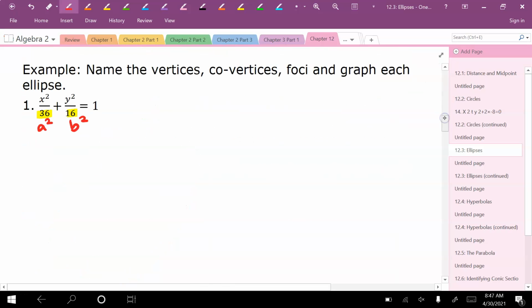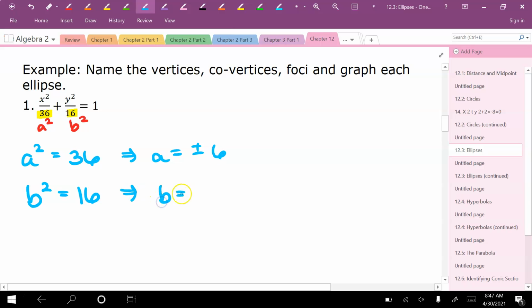So what I'm going to do first is find my a and my b, because I have to use just a and just b, not a squared and b squared, to do my vertices and co-vertices. So a squared is equal to 36, and b squared is equal to 16. That means my a would be just the square root of 36, so that's plus or minus 6.